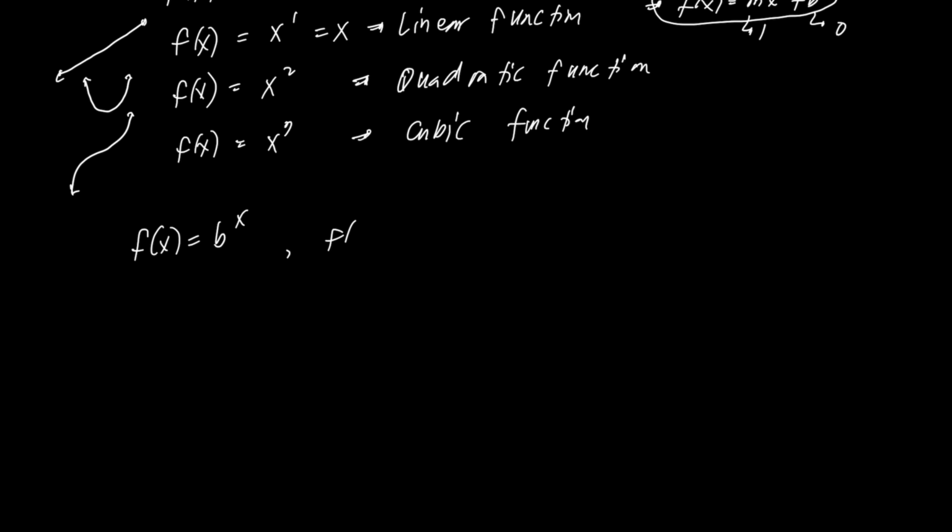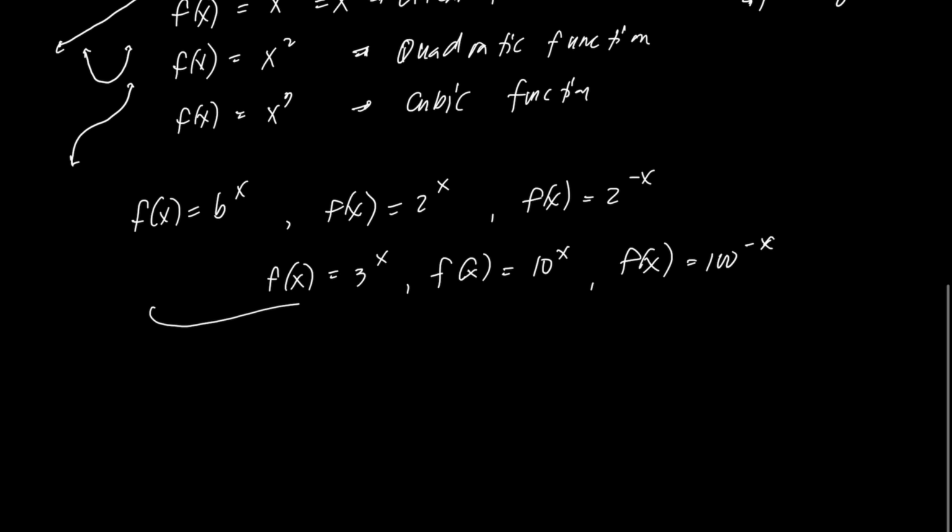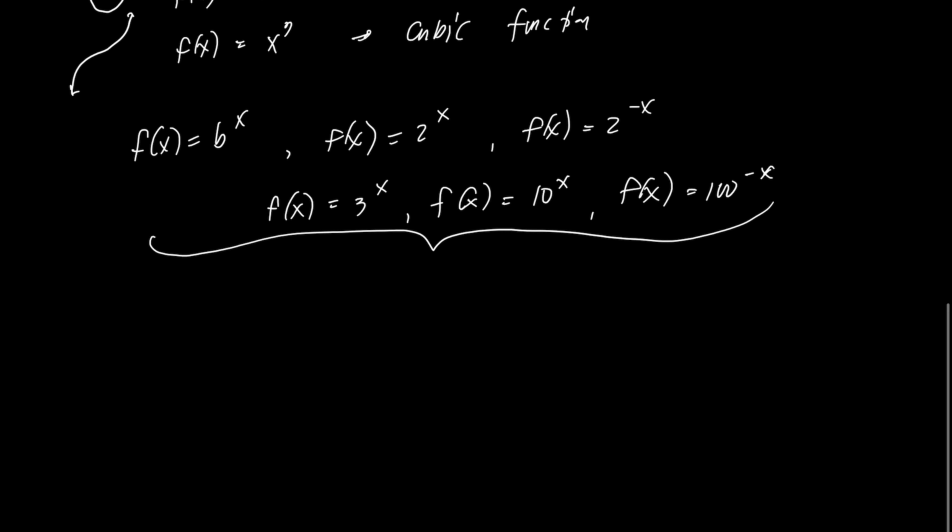Say f of x is equal to 2 to the x, f of x is equal to 2 to the negative x, f of x is equal to 3 to the x, f of x is equal to 10 to the x, f of x is equal to 100 to the negative x. What kind of functions are these? Okay, that's correct. These functions are what we call the exponential functions.